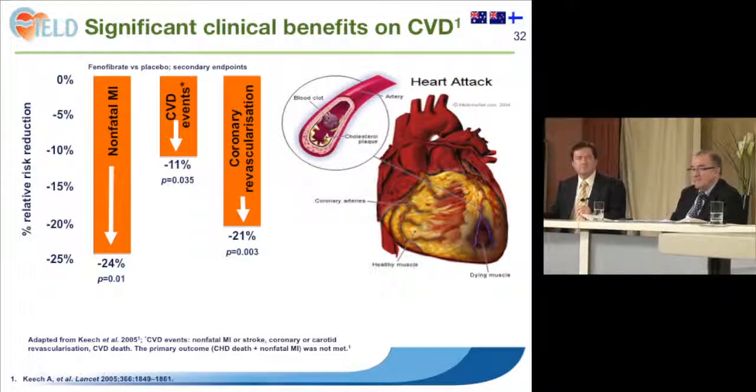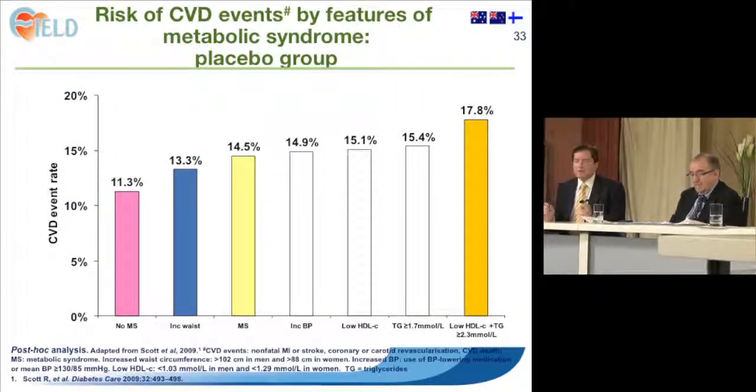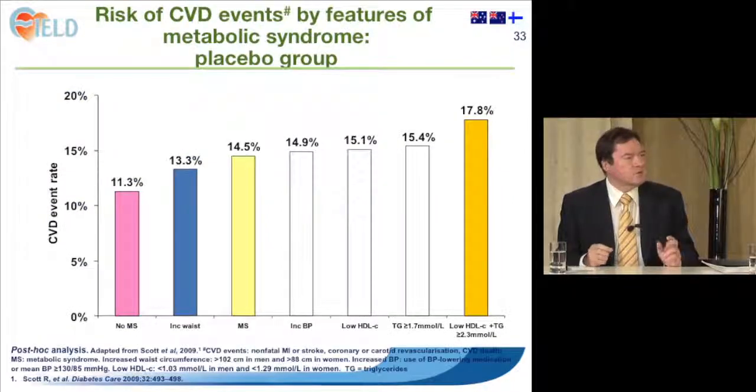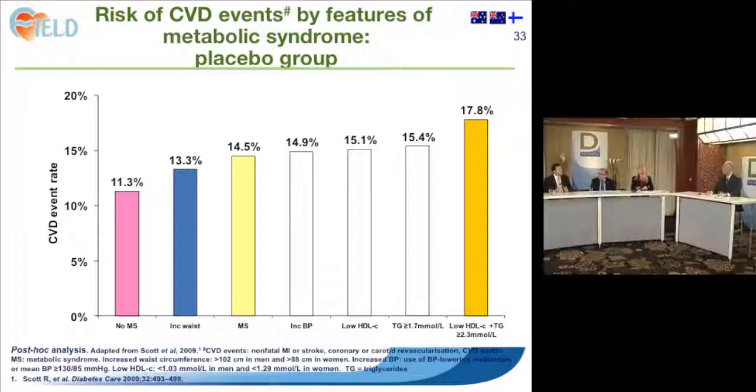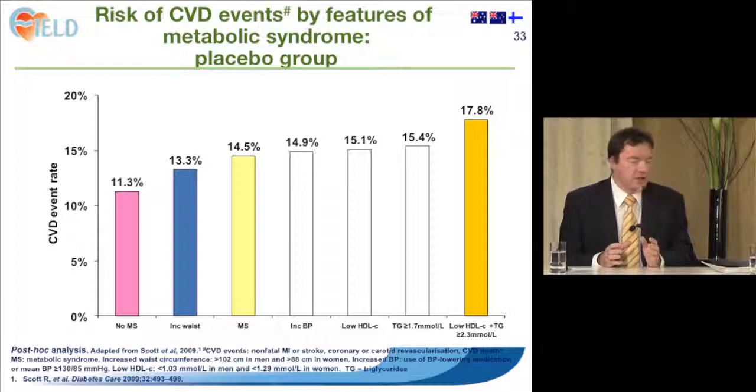When we turn then to the question of the risk of the patients with the typical dyslipidemia of diabetes, you can see that in fact these were the highest risk patients, with almost exactly the same 5-year event rate as was seen in Professor Ginsberg's ACCORD study. These patients with low HDL and high triglycerides had by far the greatest risk compared to other patients in the population.